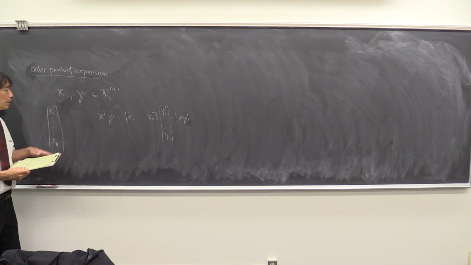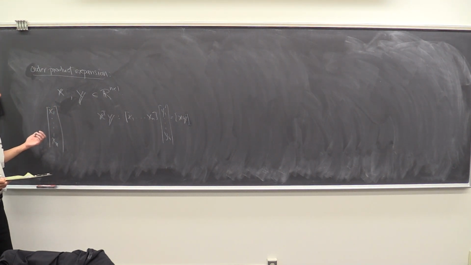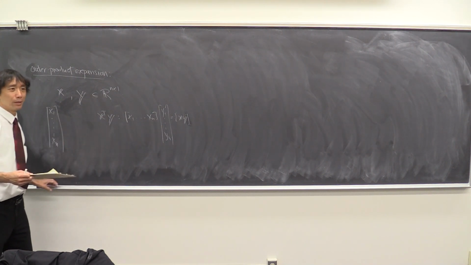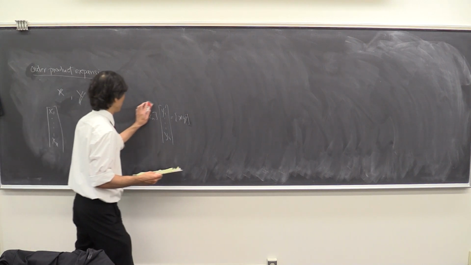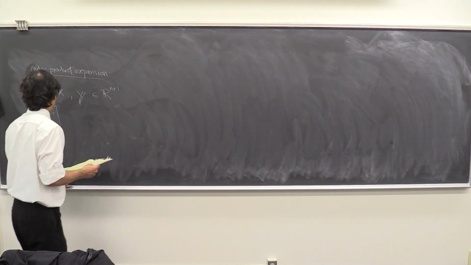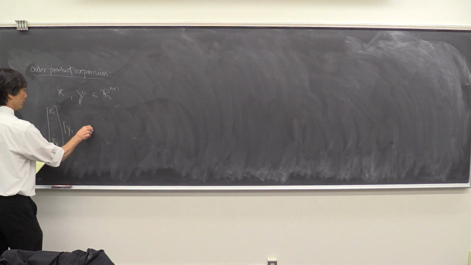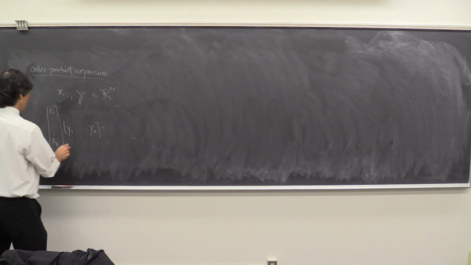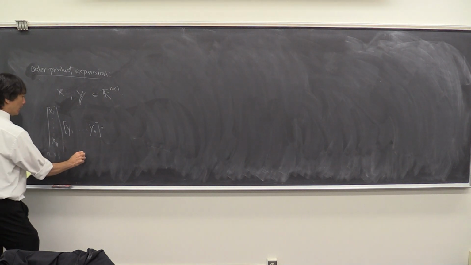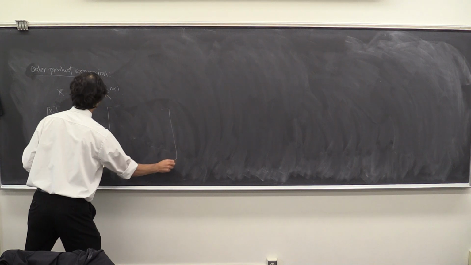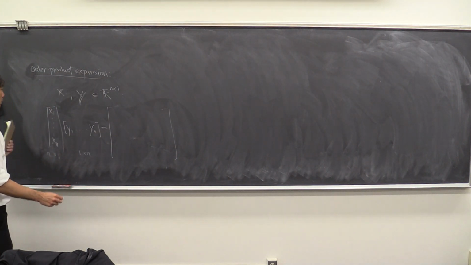There's something called the outer product, where instead of taking x transpose y, you take x y transpose. So this will be y1 through yn. This is an n by 1, and this is a 1 by n. So what do you get?